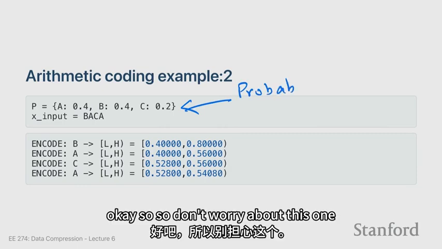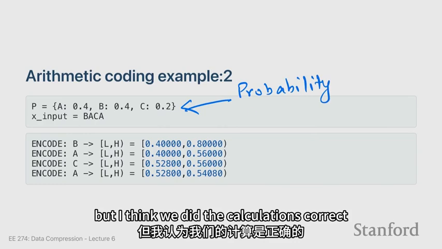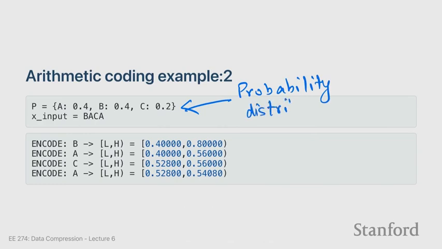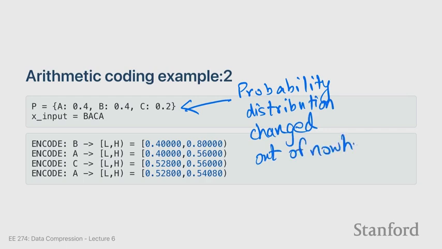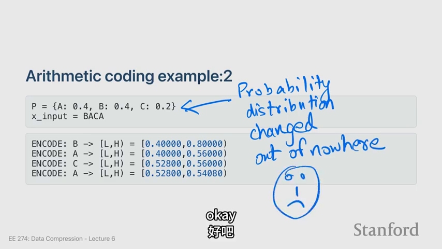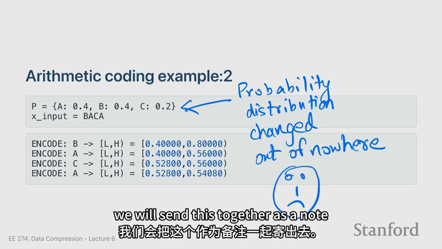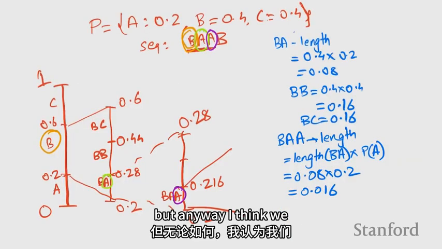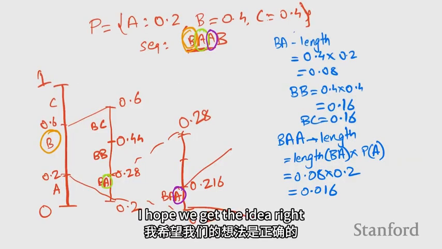So don't worry about this one, but I think we did the calculations correct. Okay, we will send this to Kedar as a note. But anyway, I hope we get the idea, right?